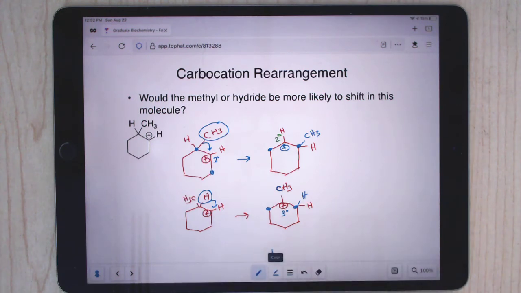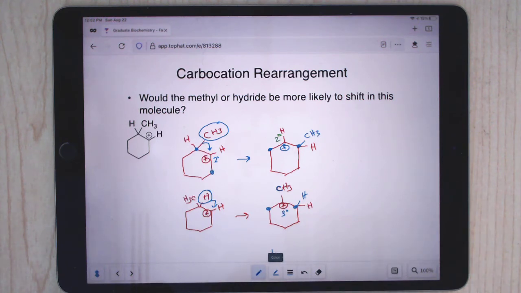So in order to stabilize itself, this molecule is going to want to move a hydrogen over, in this case, because in doing so, you're taking that carbocation from a secondary to a tertiary. So that's much better for the molecule.